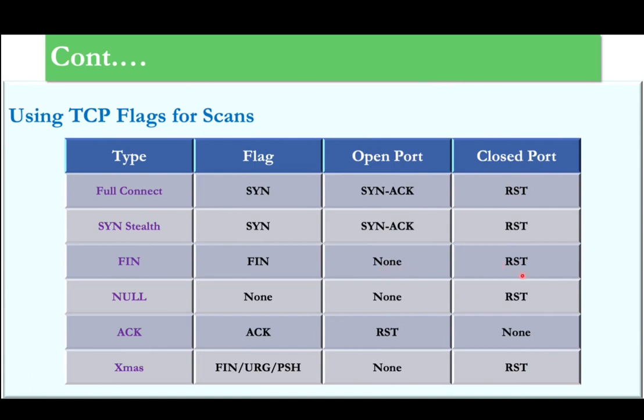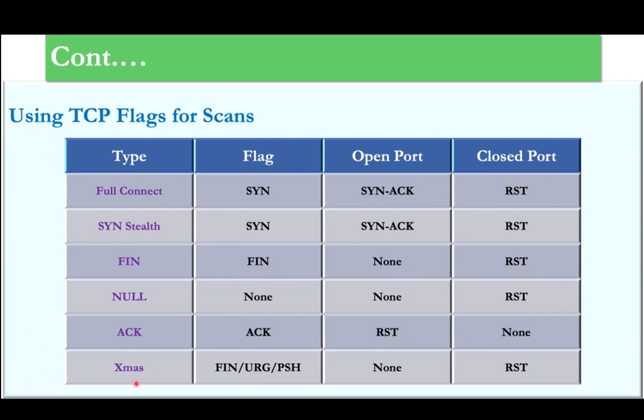If it is a closed port, it replies with RST. In a null scan, all the control bits are set to 0, that is, none is enabled. If it is an open port, you will get the reply none, and if it is a closed port, the RST reply will be there. So by observing this none or RST, Nmap understands that none means the port is open, and RST means the port is closed.